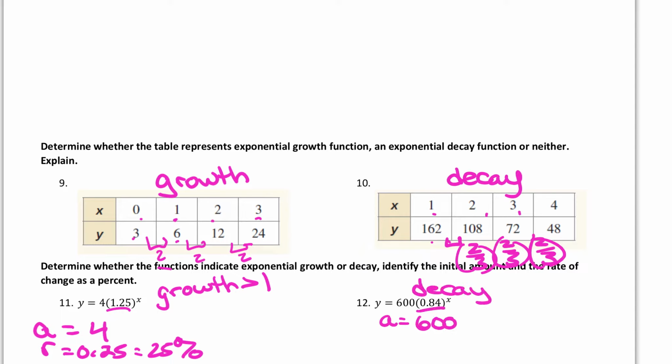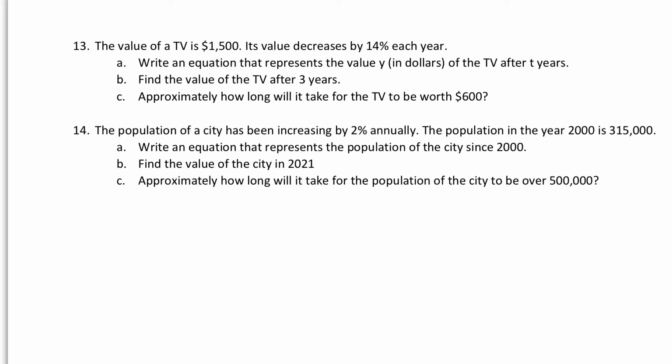The reason it's decay is because that number in parentheses is less than 1. So to find our R value, we need to do 1 minus 0.84, which is equal to 0.16, which is equal to 16% decay.